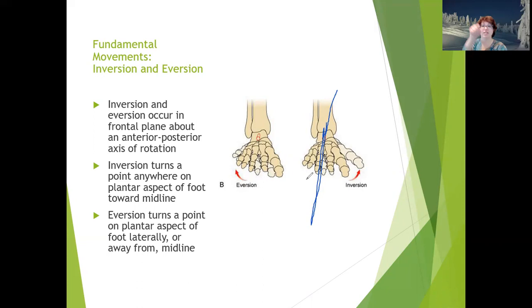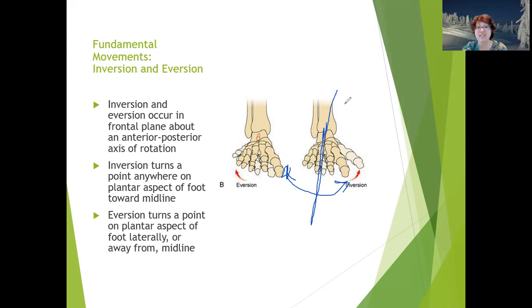So if you can imagine that as like a skewer sticking right through the ankle, the inversion and eversion are going to rotate around that axis. Okay, so that anterior posterior axis and the inversion and eversion are rotating around that anterior posterior axis. So it's a frontal plane movement around an anterior posterior axis of rotation.